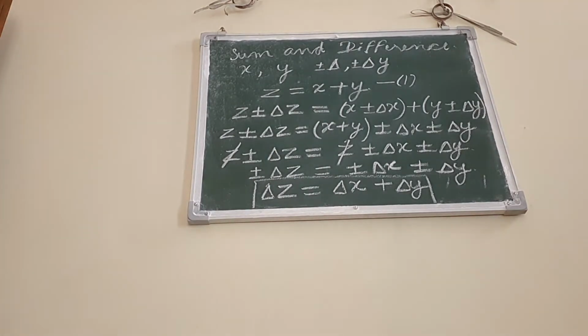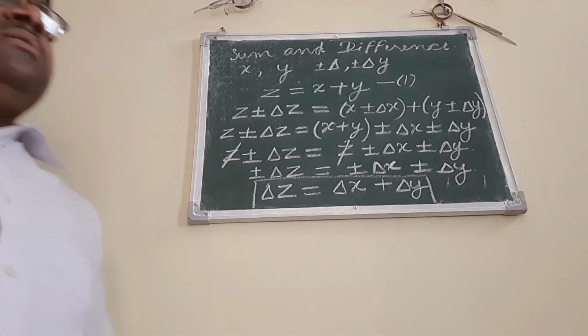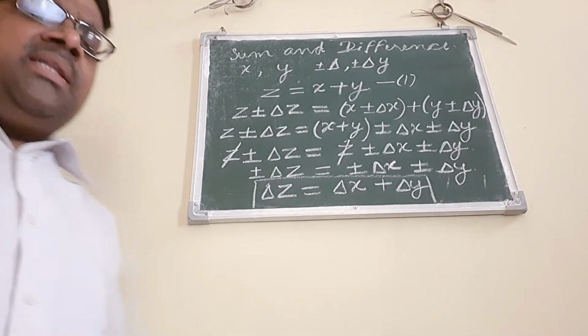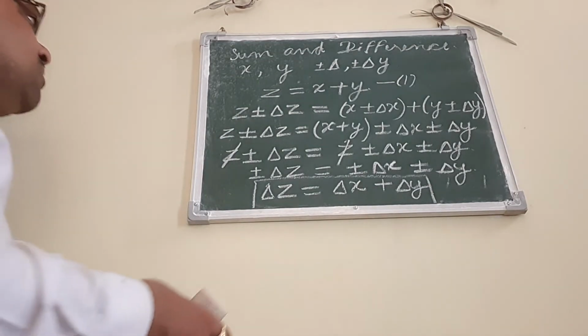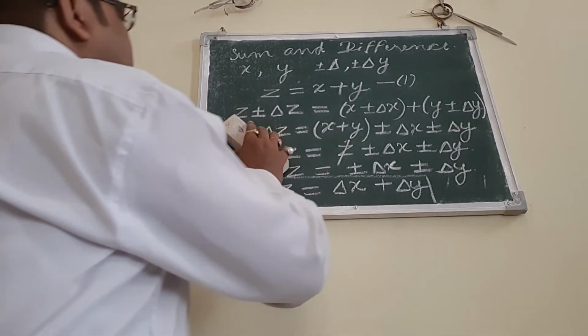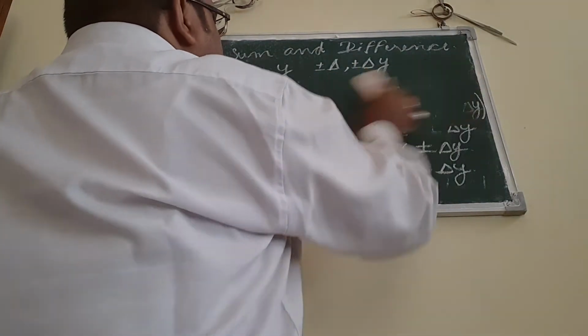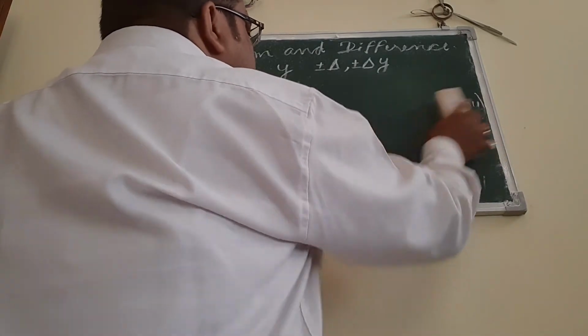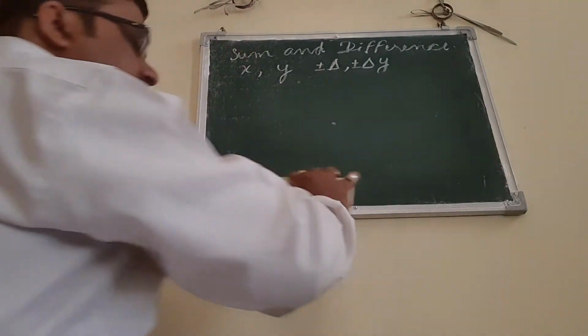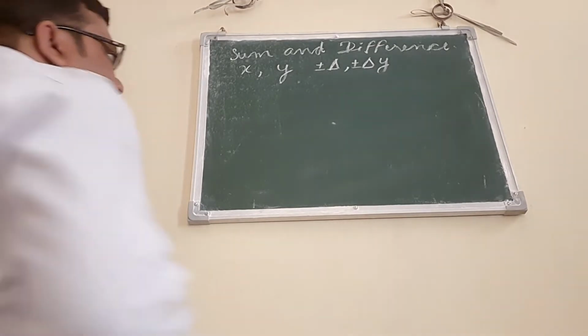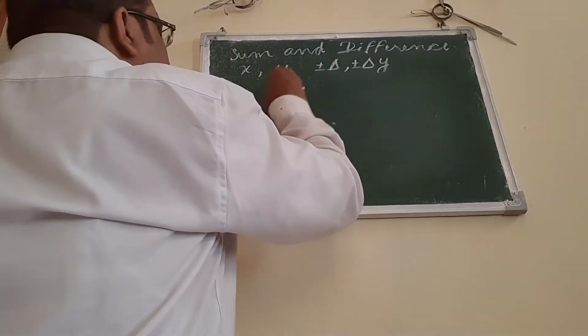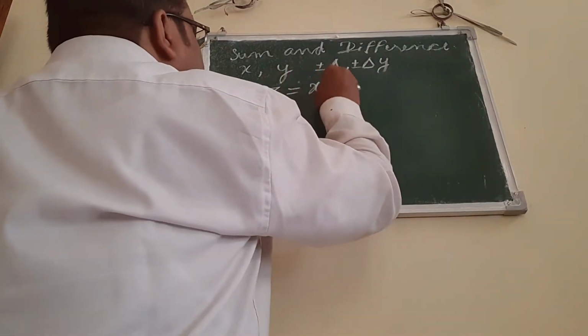Now we are going to do the same for two quantities, but now we are taking the difference. So I am rubbing the expression and writing for the difference. The expression becomes z equal to x minus y.